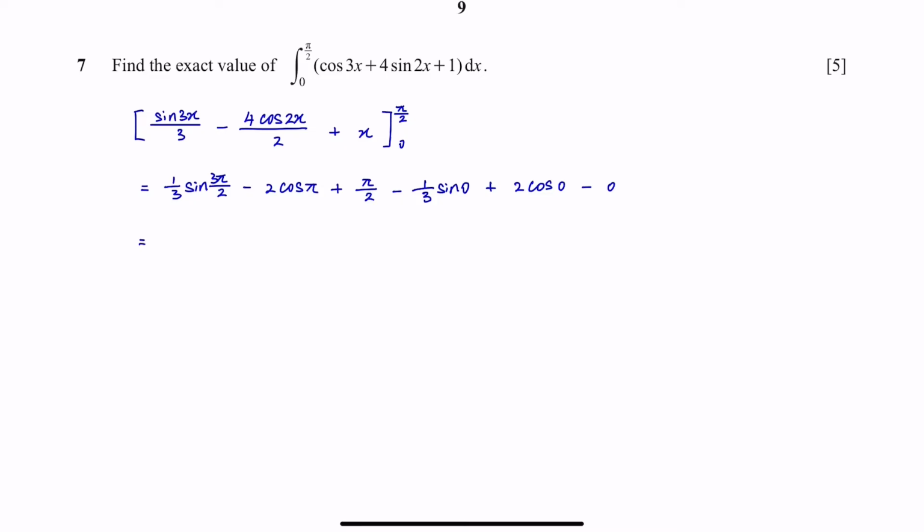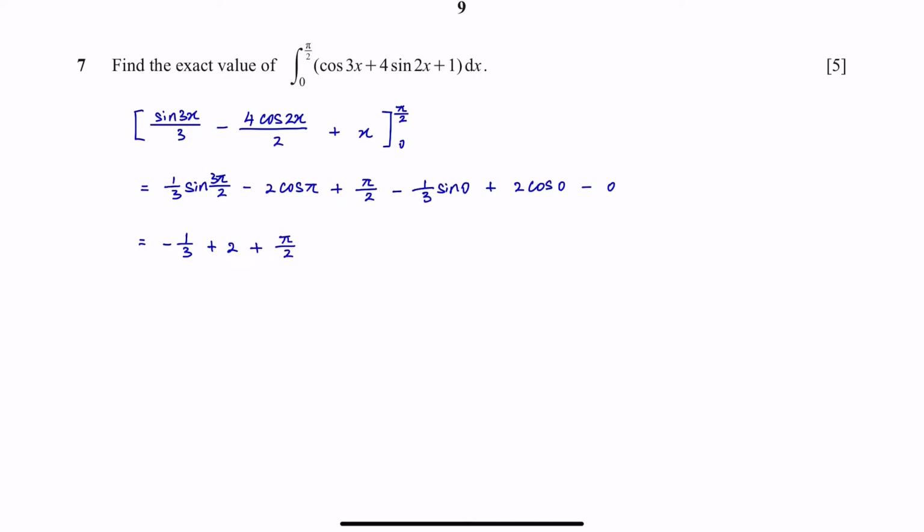And 1 over 3 sine 3 pi over 2 would give us negative 1 over 3. Negative 2 cos pi would give us plus 2 plus pi over 2.